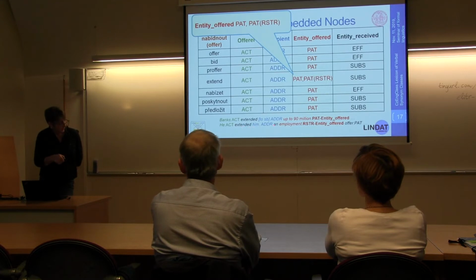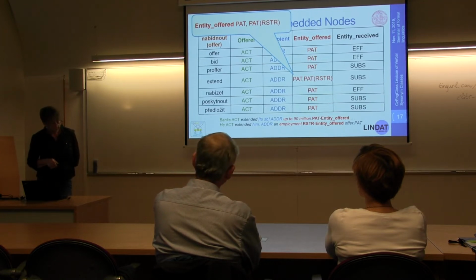So in the sentence, he extended him employment offer, we have to map the entity offered semantic role to the word employment, and this is labeled as restrictive attribute at the tectogrammatical layer.